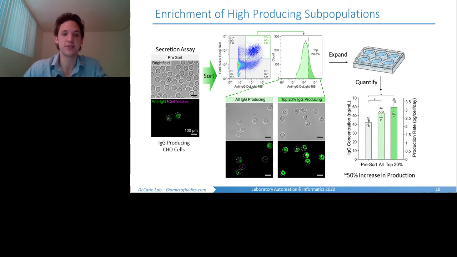So what we did is we took this antibody producing CHO cell line, we performed the assay, and then again ran it through a flow sorter, and we looked at the population of events, particles with cells, having positive antibody signal.